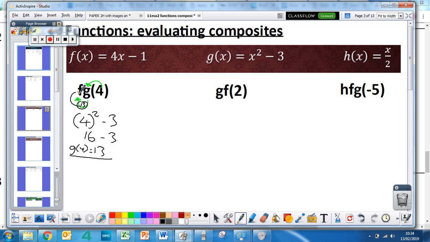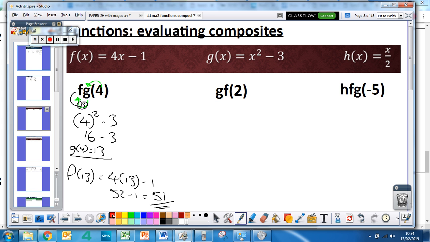So now we do f of 13. f of 13 means we substitute the 13 in place of the x. So 4 lots of 13 minus 1. So 52 minus 1. So 51 is our final answer.